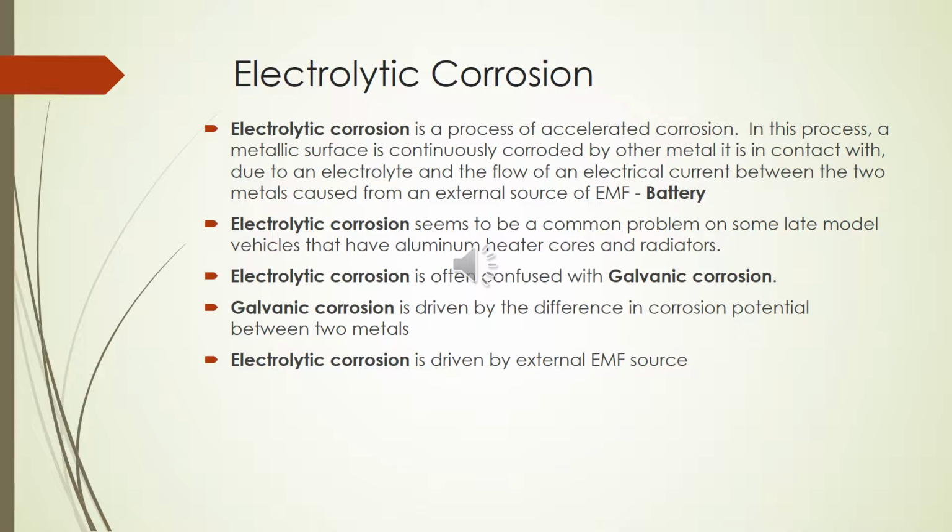In other words, galvanic corrosion requires two dissimilar metals inside an electrolyte to generate voltage. Whereas in electrolytic corrosion, you require an external source of EMF, in our case a battery, connected to two different metals inside an electrolyte. In this case, our electrolyte will be the coolant.